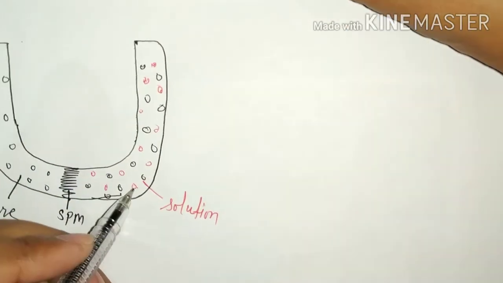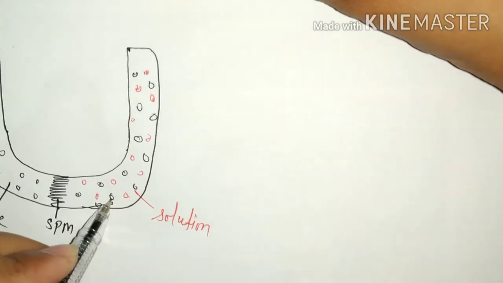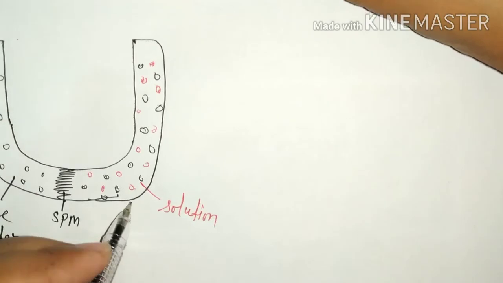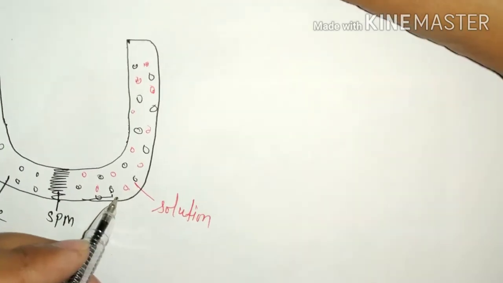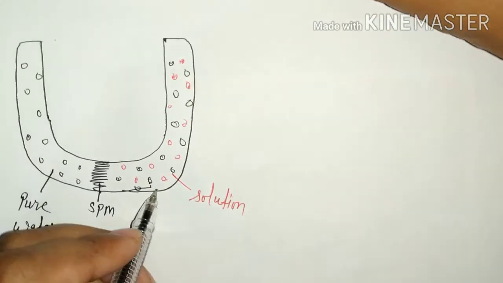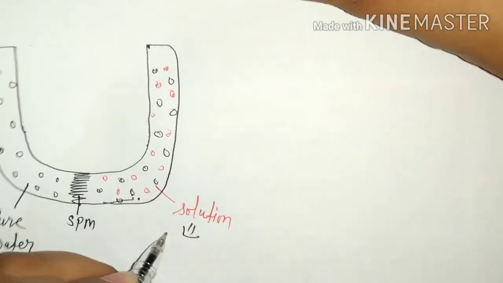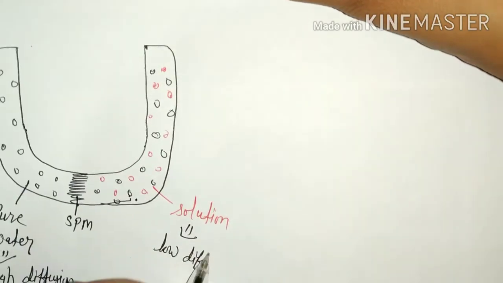When some solute is mixed in pure water, then pure water converts into a solution. Due to this, kinetic energy is low compared to pure water, and the solution has low diffusion pressure.